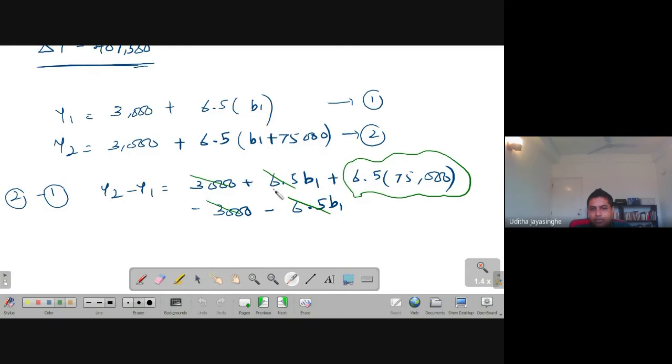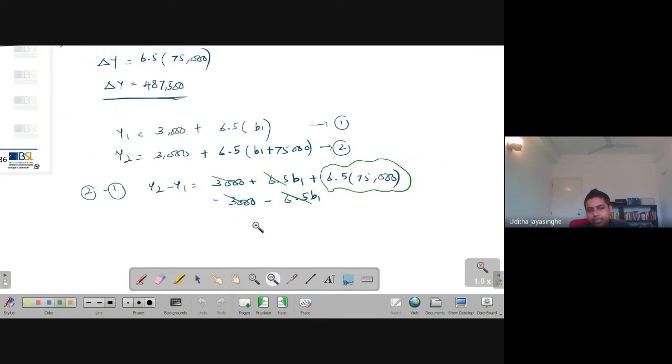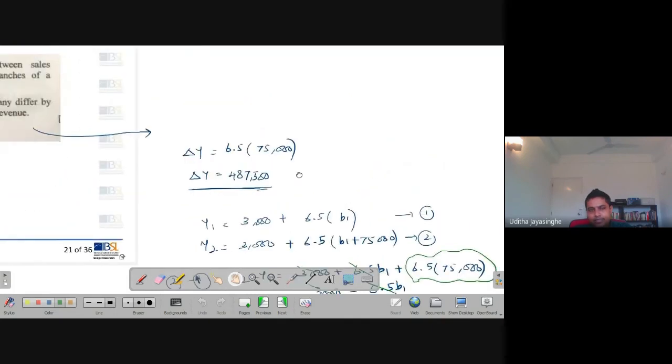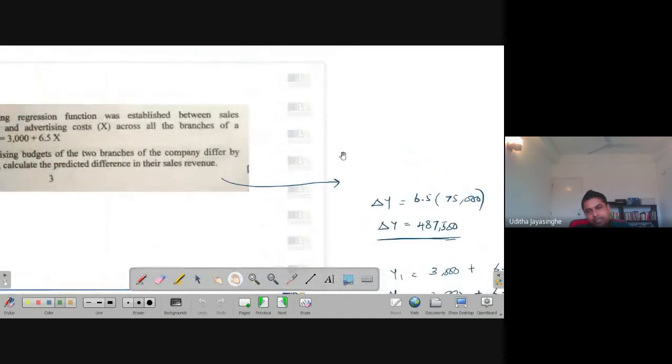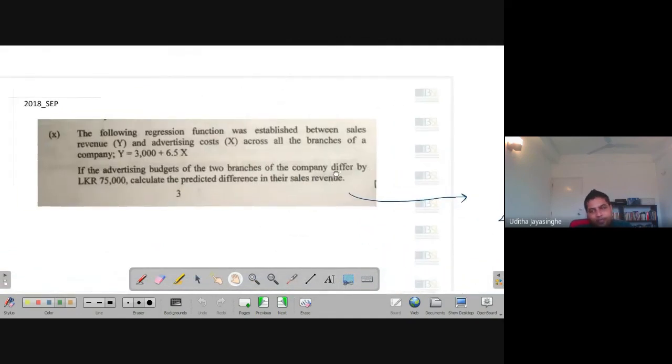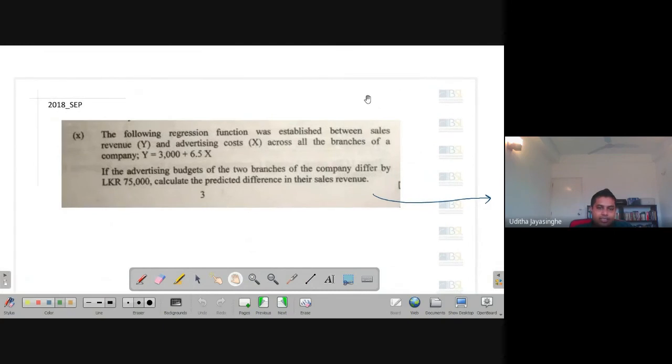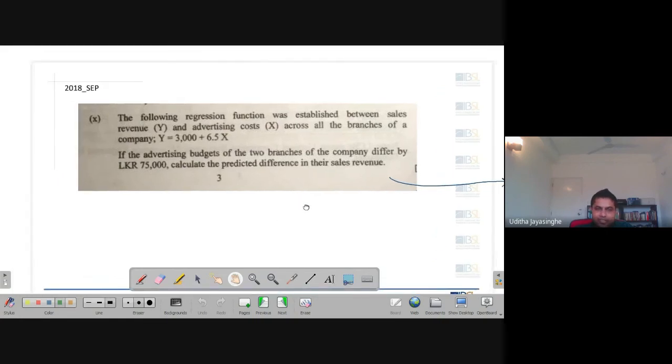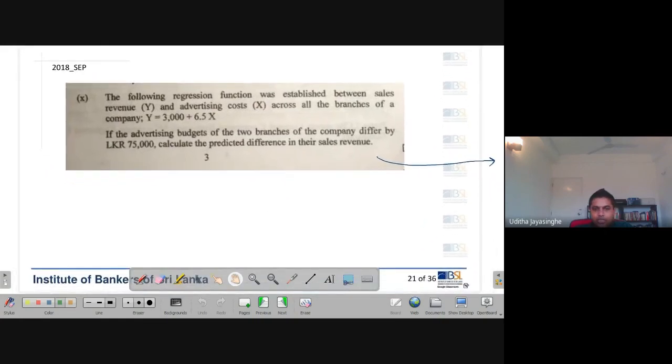Once I do the 2 minus 1, 3,000 will be chopped off, and I'll be directly left with 6.5 into 75,000. So that's the delta of this answer, 487,500. Likewise, an equation can be used to predict differences from one point to the other point, and the comparisons could be anything.